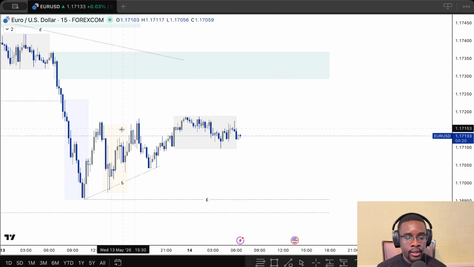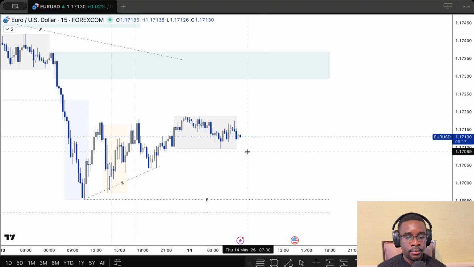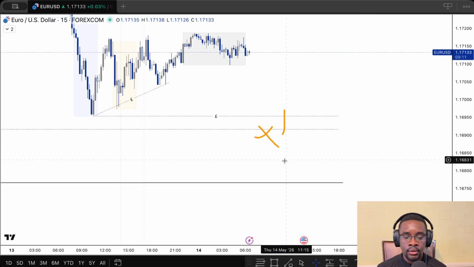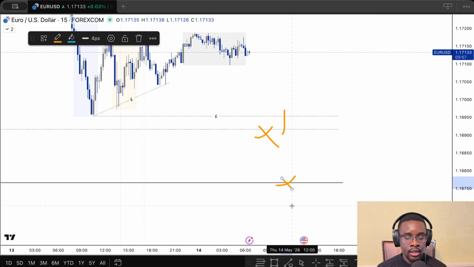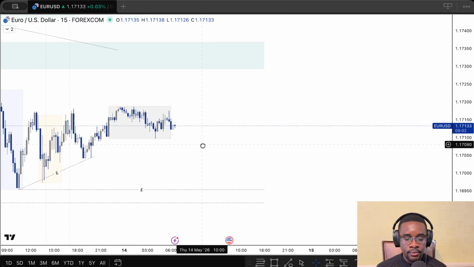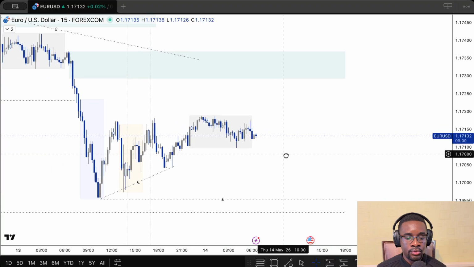So that's what I'm looking at: price coming down at least to these lows, minimum, and then likely to take out this low as well. That's my bias for the Euro USD.